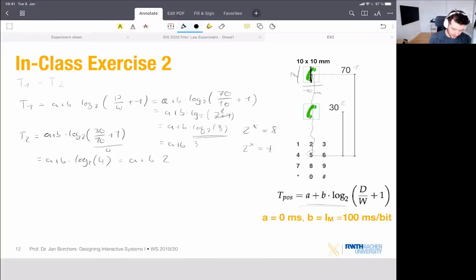Okay. And then again, we can also calculate these now, but we know that A is basically 0, so we can just omit A, and then we had T1 minus T2.